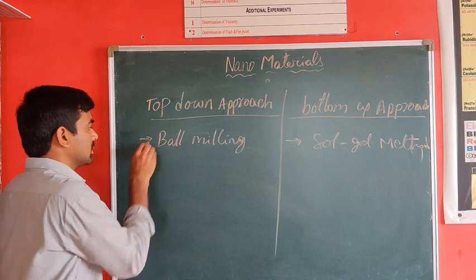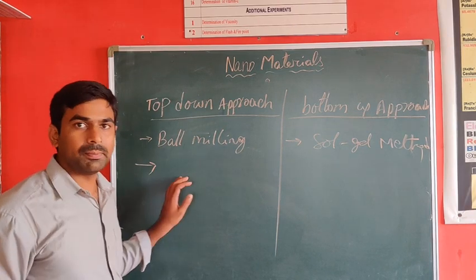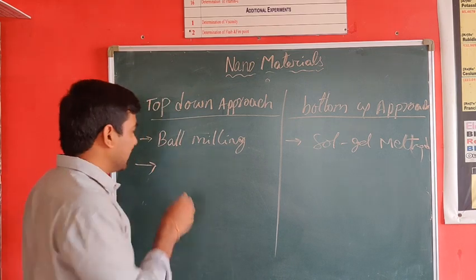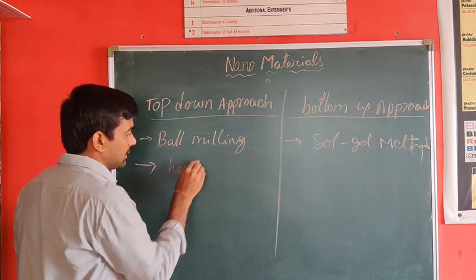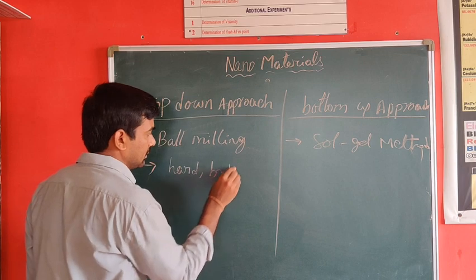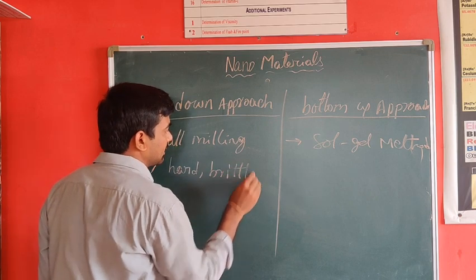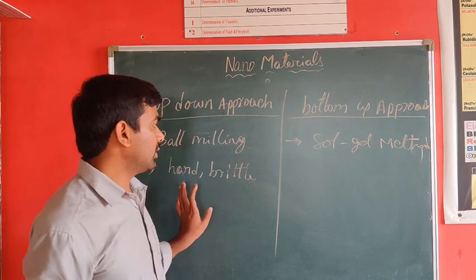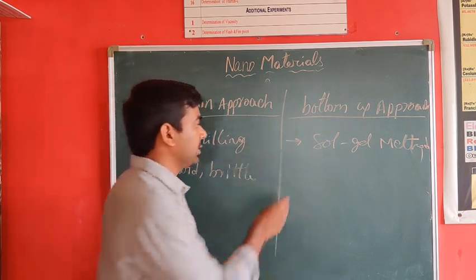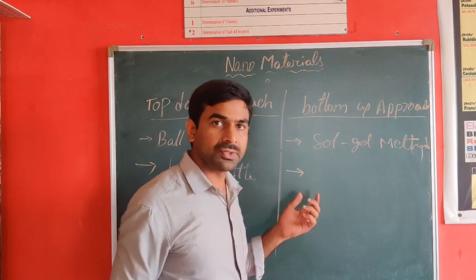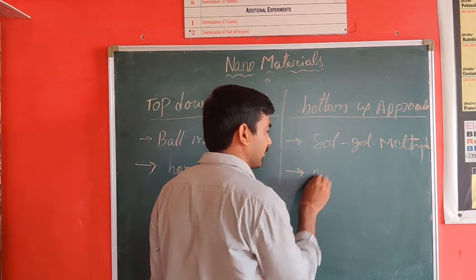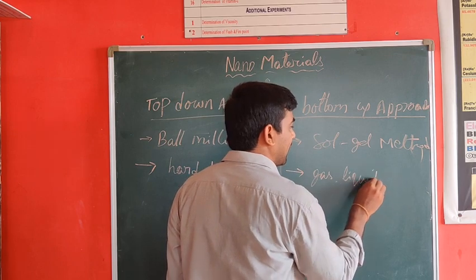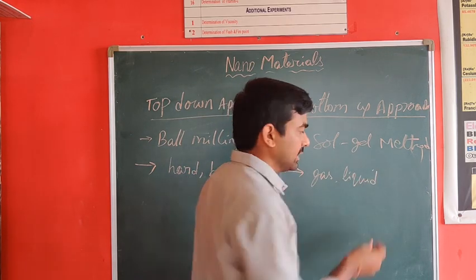In the top-down approach we must use only hard and brittle materials. It is applicable only for hard and brittle materials. The bottom-up approach method is used for gases and liquids and also for solids.